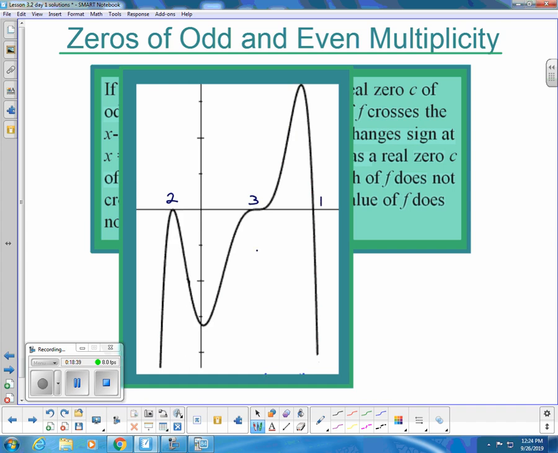So if I add those up, the least this could be is a degree 5. Notice it only has 1, 2, 3 turning points because of this jog. So the number of turning points has to be less than the number of zeros, but it doesn't guarantee that it's 1 less than the actual number of zeros. It's 1, 2, 3 zeros, and we have 3.